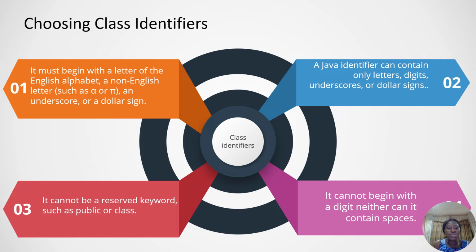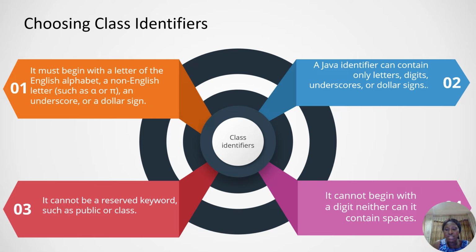However, you cannot use a reserved keyword such as public or class as part of your identifier. And the last point I will talk about is the fact that it cannot also begin with a digit, neither can it contain spaces. So these are some basic ideas we can go along with when choosing our class identifiers.